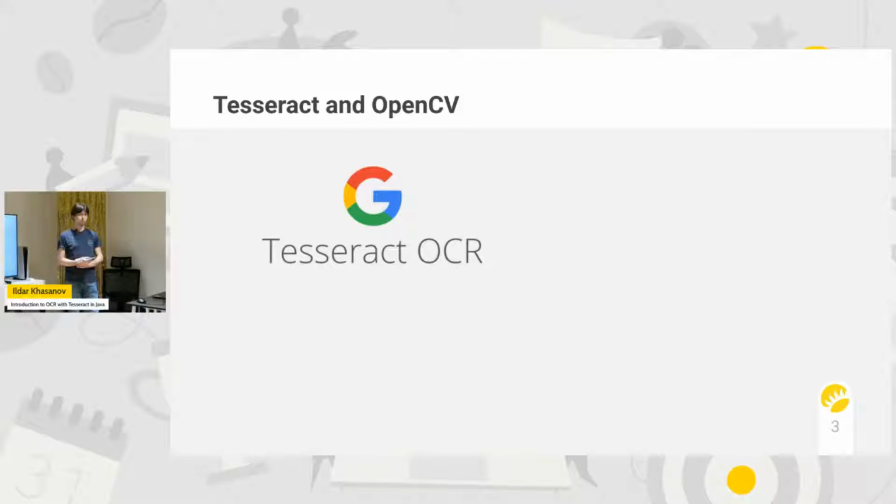For now, it's probably the most advanced open source OCR engine. It's the most accurate one. It supports more than 100 languages, and you can train it to support any language that you want, even if you just invented one recently. You can train Tesseract to support it.